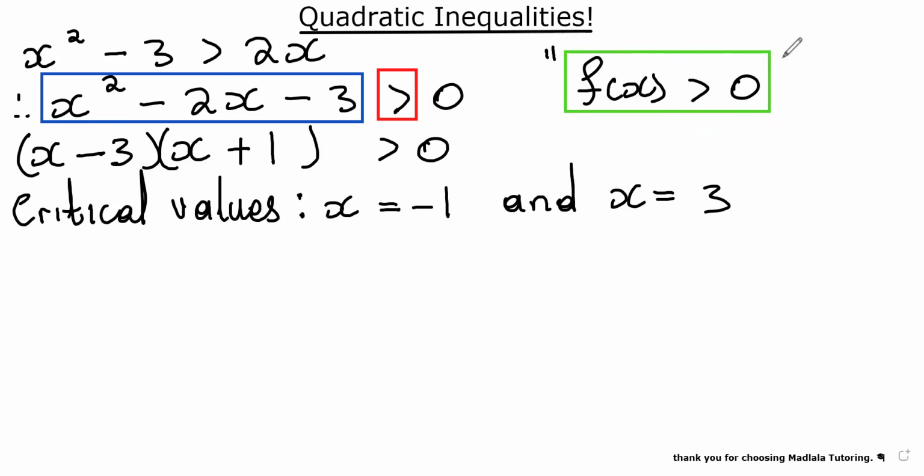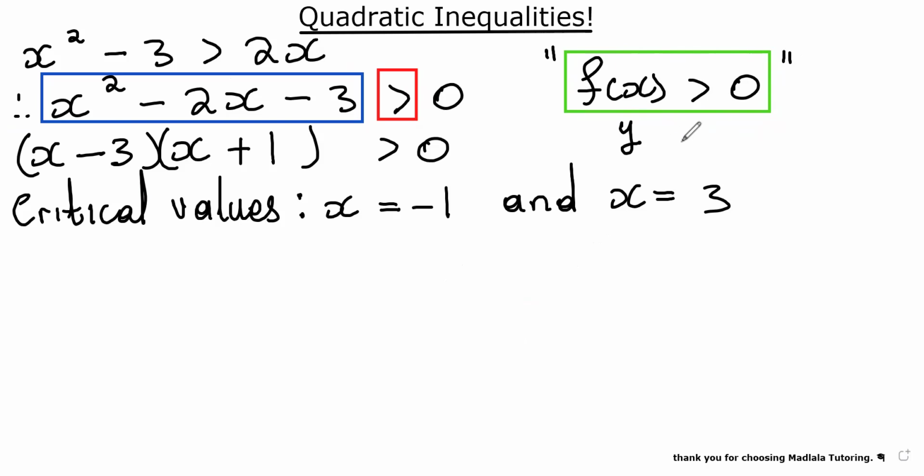Now, what is the meaning of f of x is greater than 0? Well, in English, it means where the graph of the function is above the x-axis. But if it was less than 0, it's below the x-axis, where the y values are negative. So that's what the question is saying in simple language.